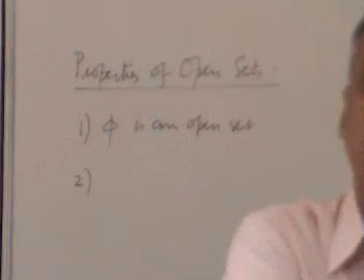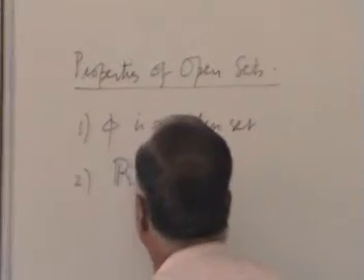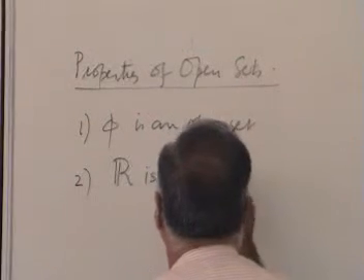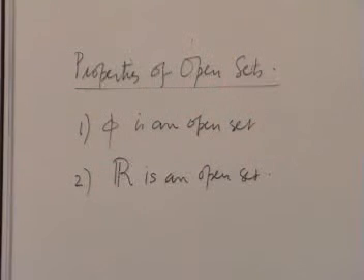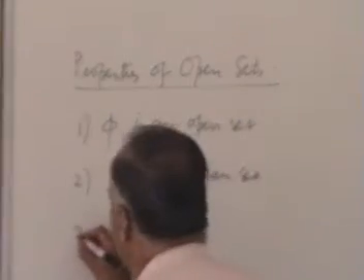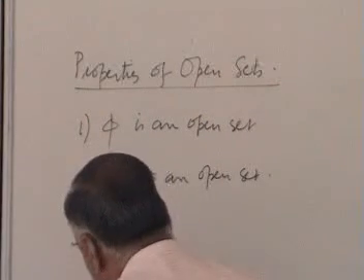Whatever point you take, all neighbors are in the same universe. So, R is an open set. Incidentally, in the real line, these are the ones out there. That's not what I want.